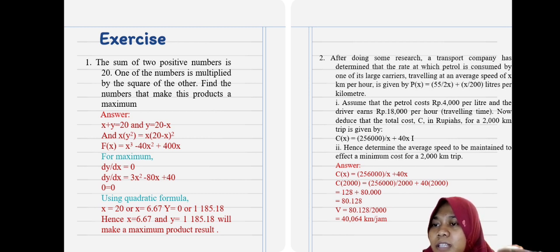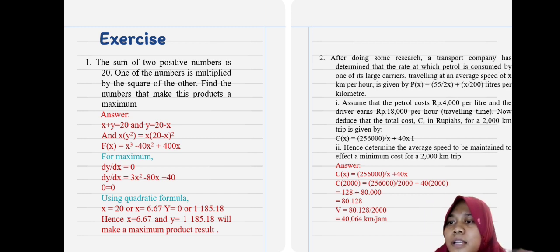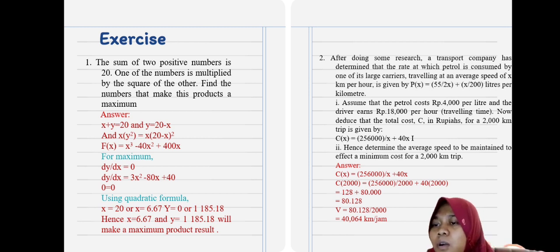C multiplied by 2000 equals 2056 over 2000 plus 14 multiplied by 2000, equals 128 plus 18,000, equals 18,128.